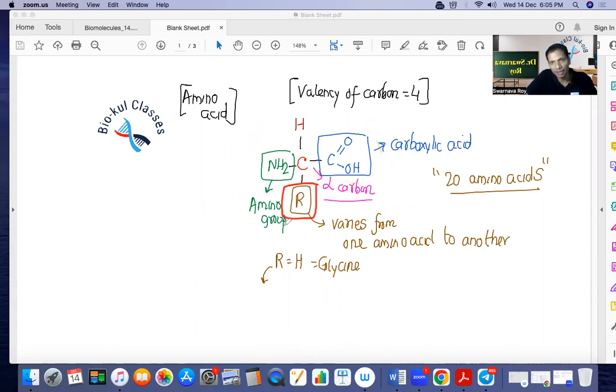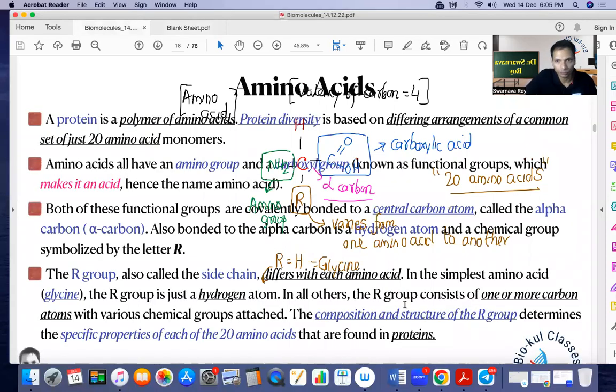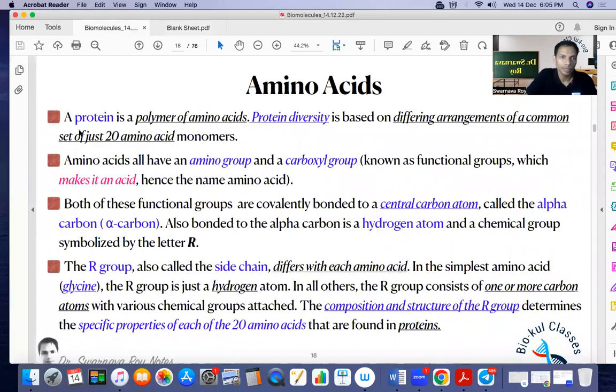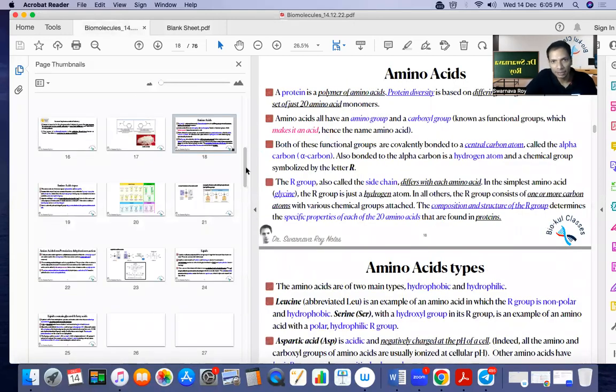This portion varies. So now we will look at the different types of amino acids, the 20 different types of amino acids.